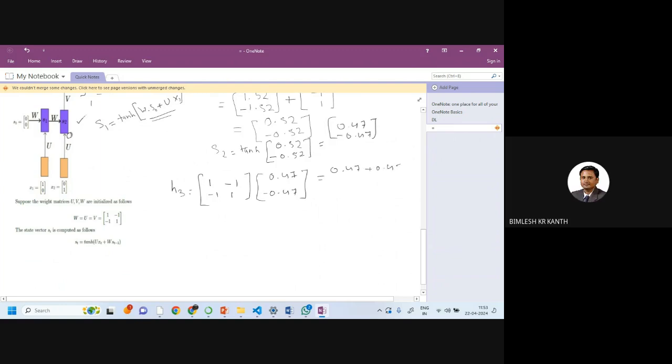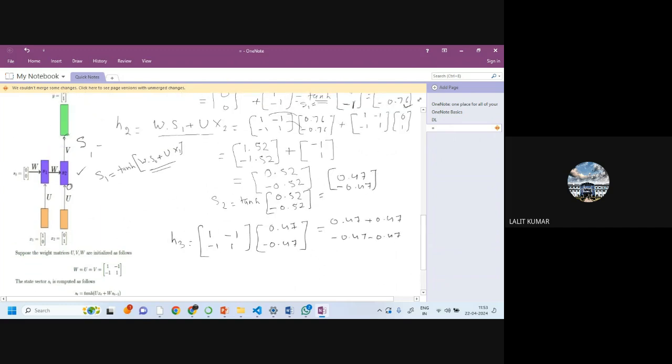Then where is H3 coming from? Now it's clear. For understanding, H3 is here, H2 is here, and H1 is here. You can call it H3 or A3. Just write A3. And what are we doing to get A3?